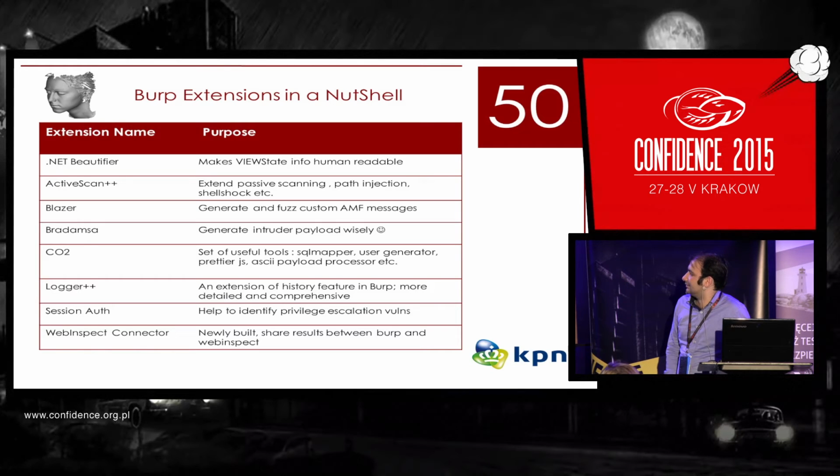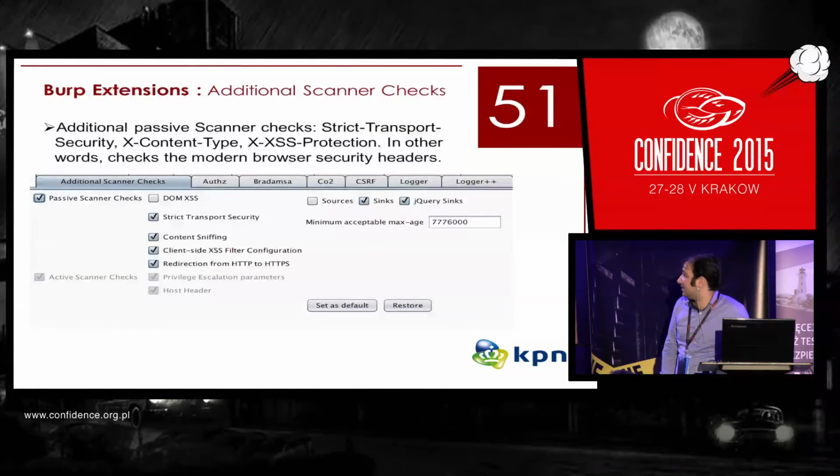For example, an interesting one could be active scan, where you can passively do scanning and path injection. It can also be interesting if you are using WebInspect, so you can share the results between Burp and WebInspect.